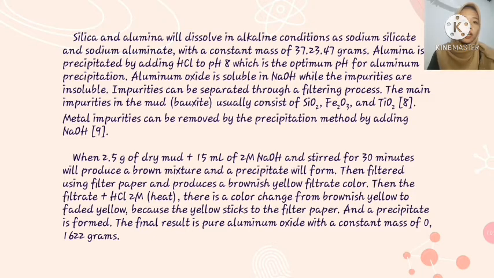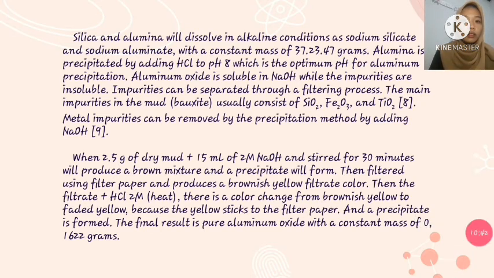Alumina in the red mud will easily dissolve in hydrogen chloride, both in high concentration and low dilute concentration. The reaction that occurred between this alumina oxide and the acid will produce alumina chloride salt, which turns acidic.